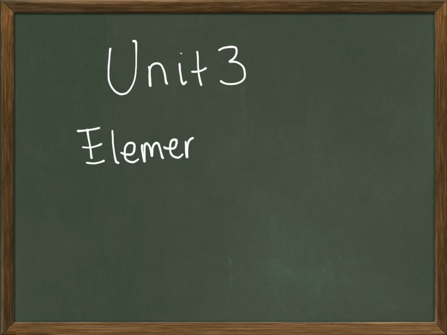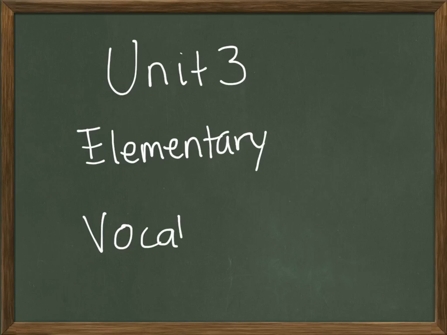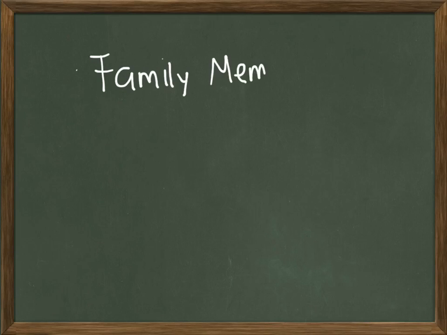Today we're going to be covering Unit 3 in our elementary book, and we'll be covering the vocabulary section. The items that we're going to be covering are family members, such as mom, dad, sister, brother, grandmother, grandfather, husband, wife.